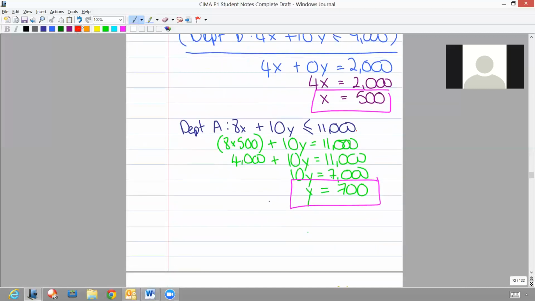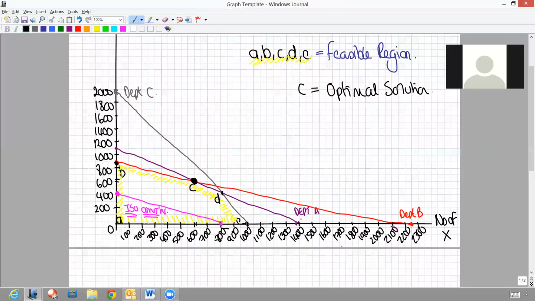Therefore, your coordinates at point C are 500 for x and 700 for y. And if you have a look on your graph, you should see that you are about there.